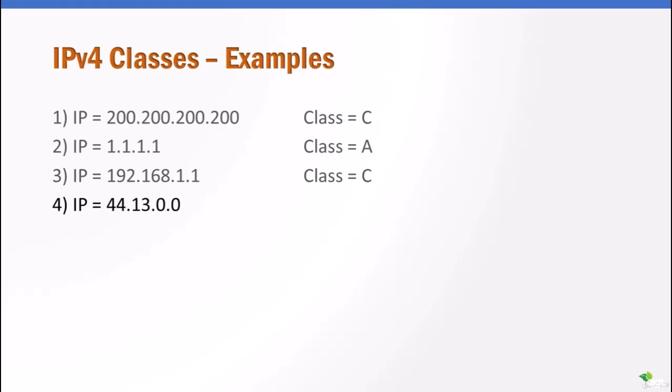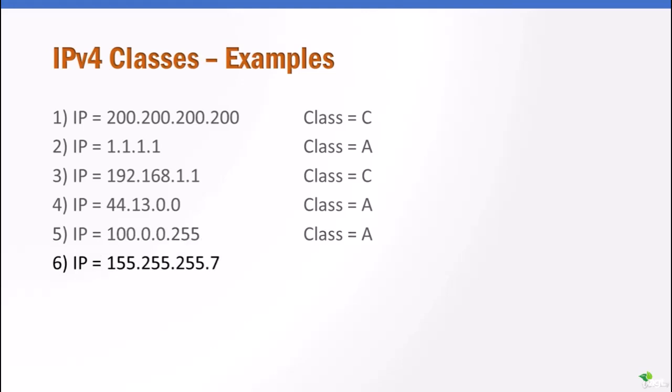So this is also class A because the first octet is between 1 and 126. Fifth example, 100.0.0.255. This is also class A.